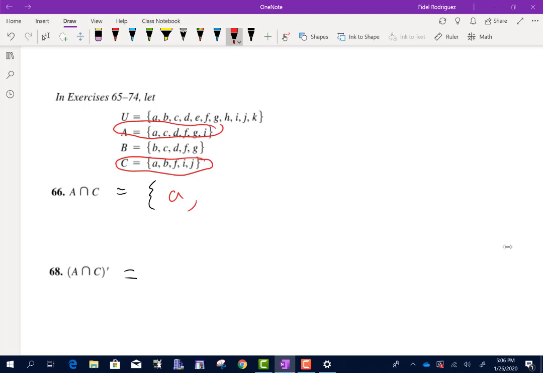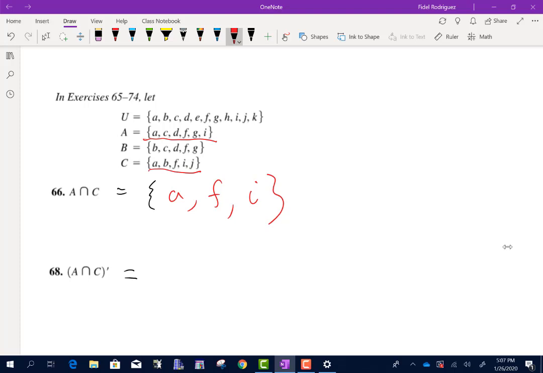Well, they have A in common. C, no. D, no. They have F in common, and they have I in common. So all we're really doing there is looking for what letters they have in common: A, F, and I.